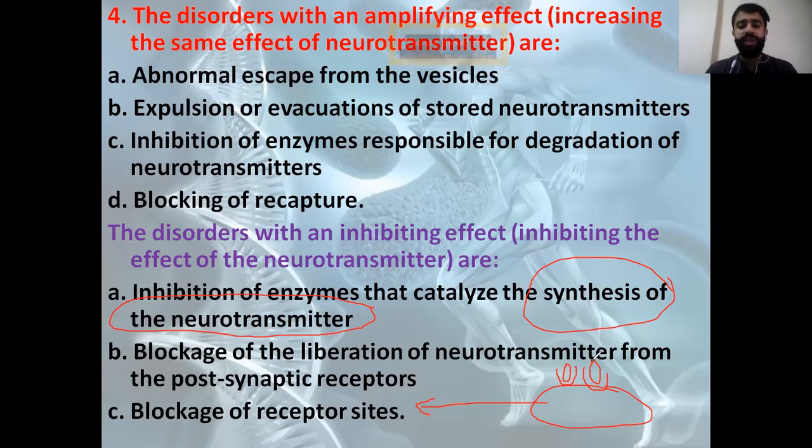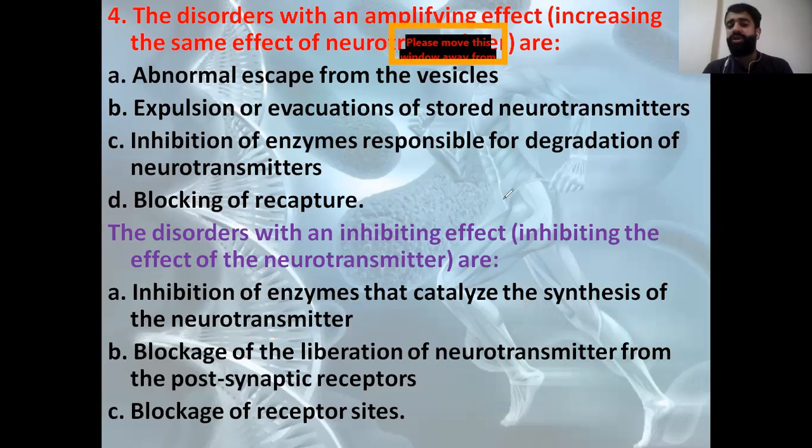So this is related to the disorders either with amplifying effect that lead to the increasing of the effect of the neurotransmitter, or the disorders that lead to the inhibitory effect that inhibits the function of the neurotransmitter. For an amplifying effect, there should be a higher effect of the neurotransmitter than normal.